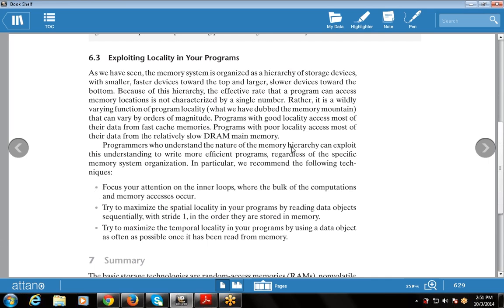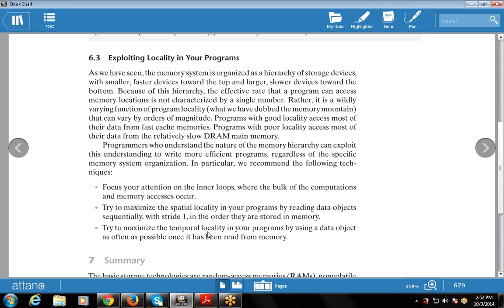So programmers who understand the nature of the memory hierarchy can exploit this understanding to write more efficient programs, regardless of the specific system organization. In particular, we recommend the following techniques: focus your attention on the inner loop, where the bulk of the computation and memory access occurs. Then try to maximize spatial locality in your program by reading data objects sequentially.